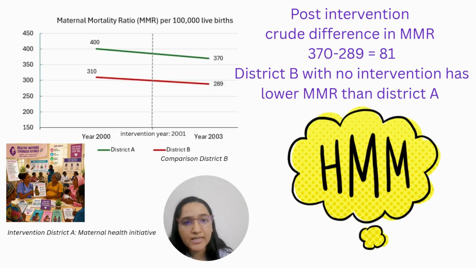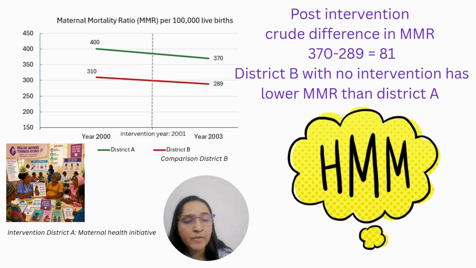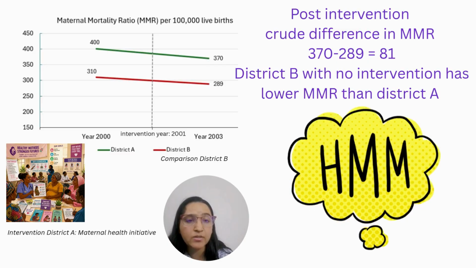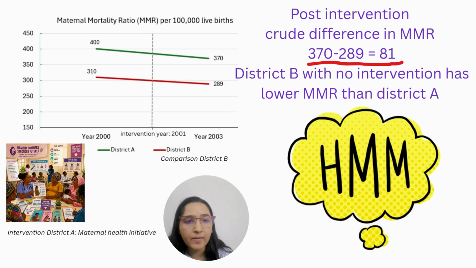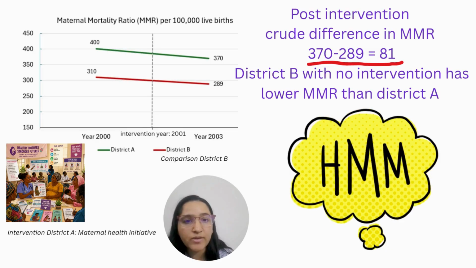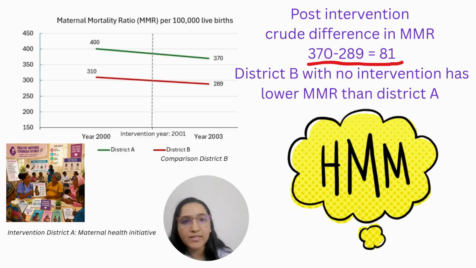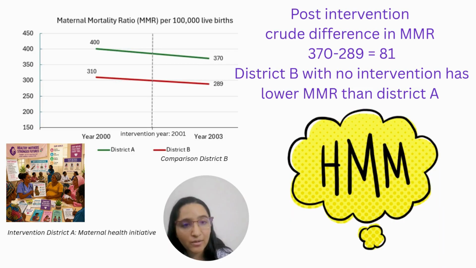So when we see the data of these two districts in the post-intervention year, we see that the crude difference in MMR between these two districts is 81. So 370 for the intervention district and 289 for the control district. When we subtract them, the crude difference is 81. So that means District B that didn't receive intervention has the lower MMR.